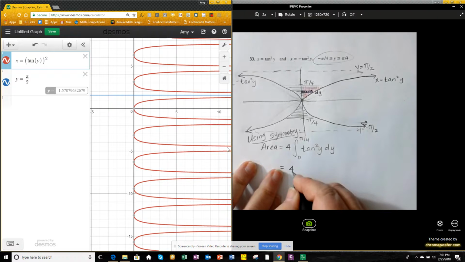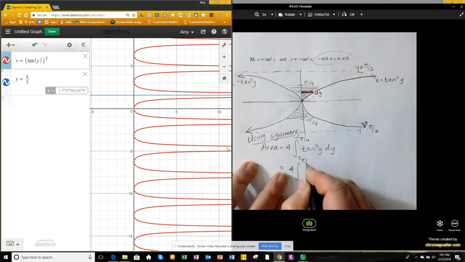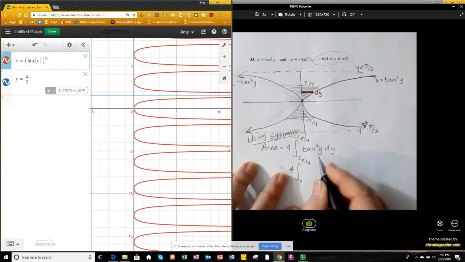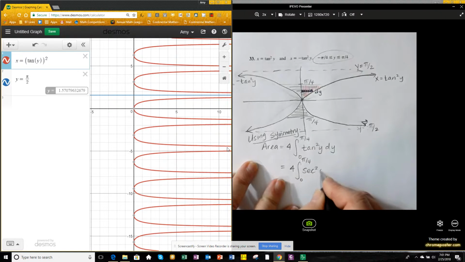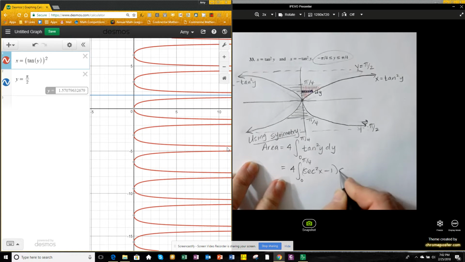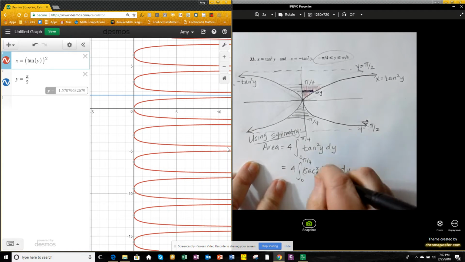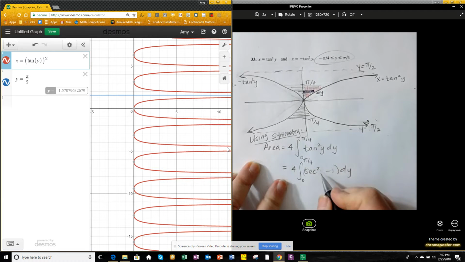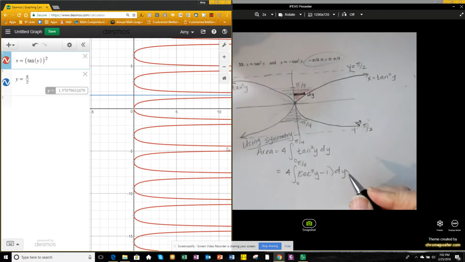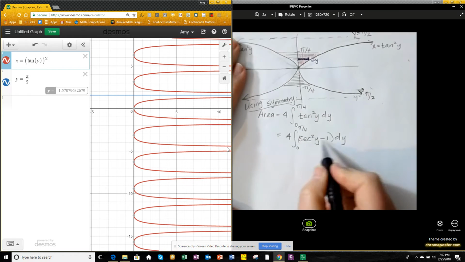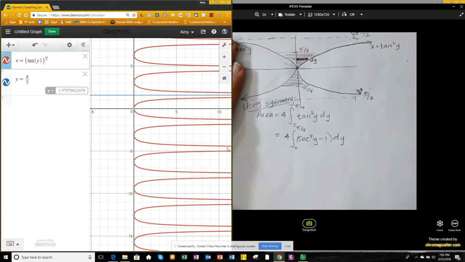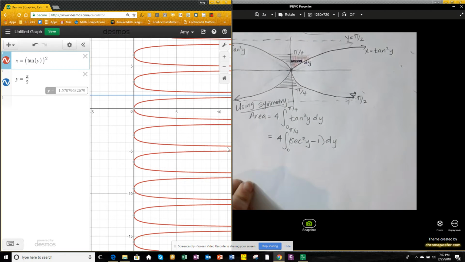So that's going to be 4 times the integral from 0 to pi over 4 of, we have to use the identity, secant squared y minus 1, because we know whose derivatives these are. So when we find the antiderivative, it's a whole lot easier.